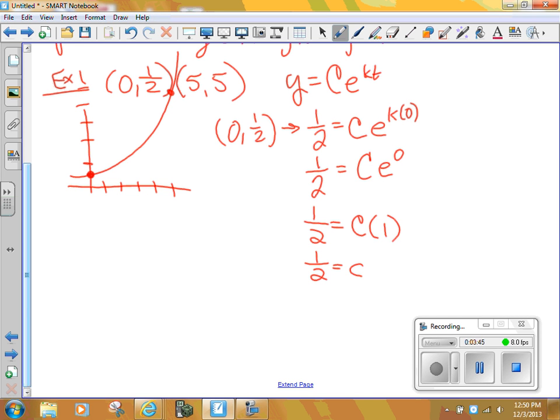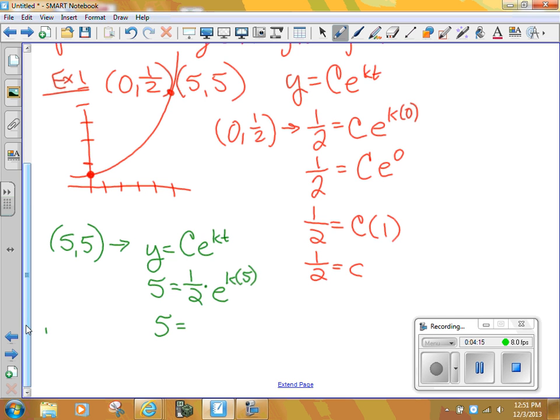Plug it into the next one. I'm going to have 1/2 as C, but I'm also going to have a new ordered pair, (5, 5). So the second part of this problem, same formula: 5 is equal to 1/2 e to the k times 5.